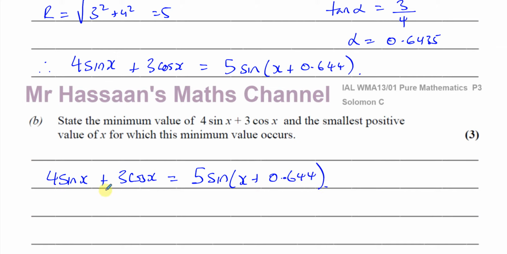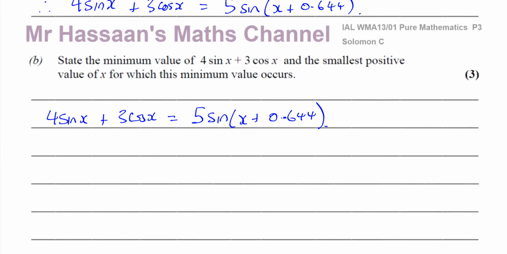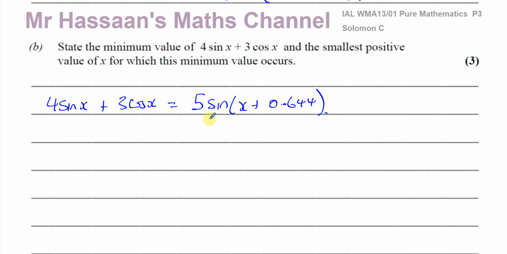Once we've expressed it like this, it's very easy to see what the maximum value is going to be, because we know that for sine of x plus 0.644, the maximum value of the sine of any angle is going to be 1.